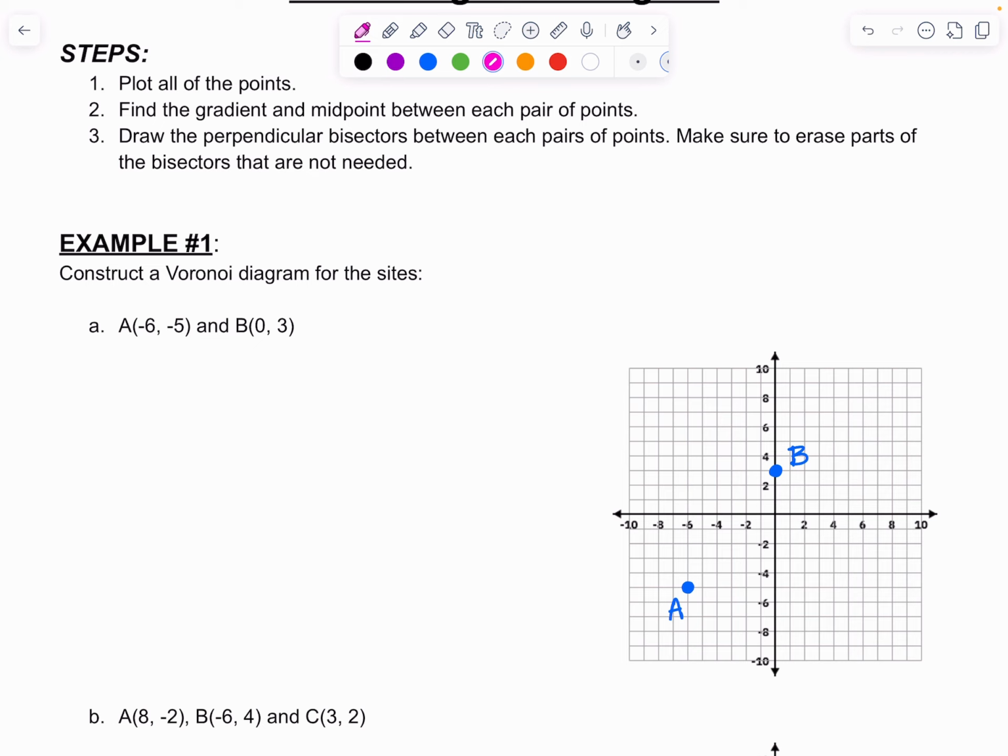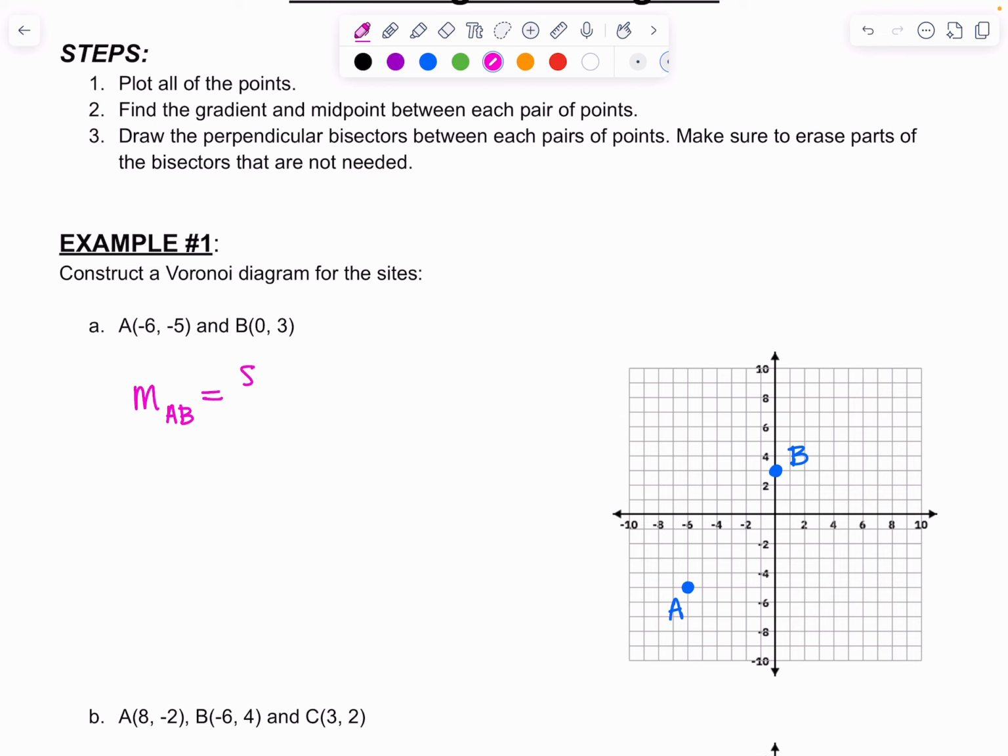If I find my gradient, or my slope, which is M, my slope of AB is equal to rise over run. So if I go up 1, 2, 3, 4, 5, 6, 7, 8, then I go over 1, 2, 3, 4, 5, 6.